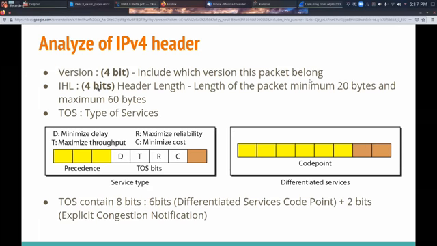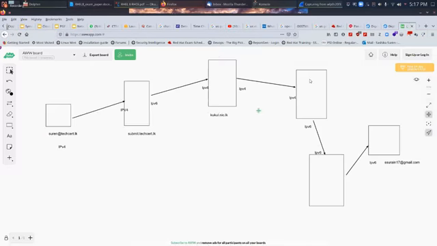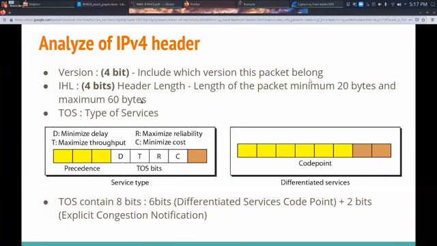So what is the meaning of the 4 bits? Guys, I need your answers. This last one, the internet header length, this particular 4 bits, what is the meaning of this header length?